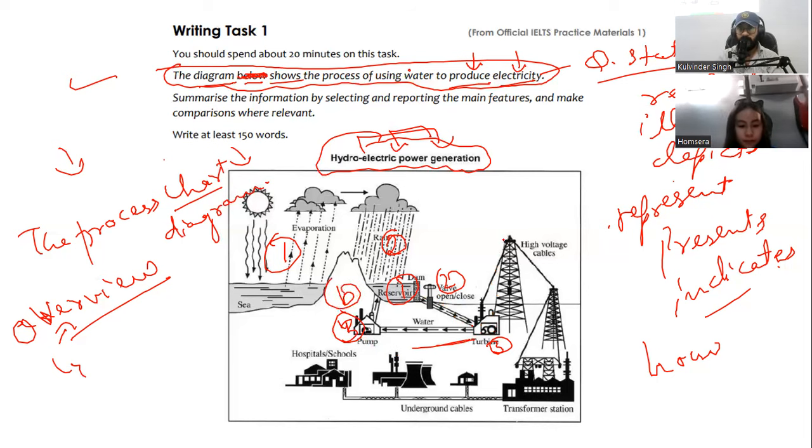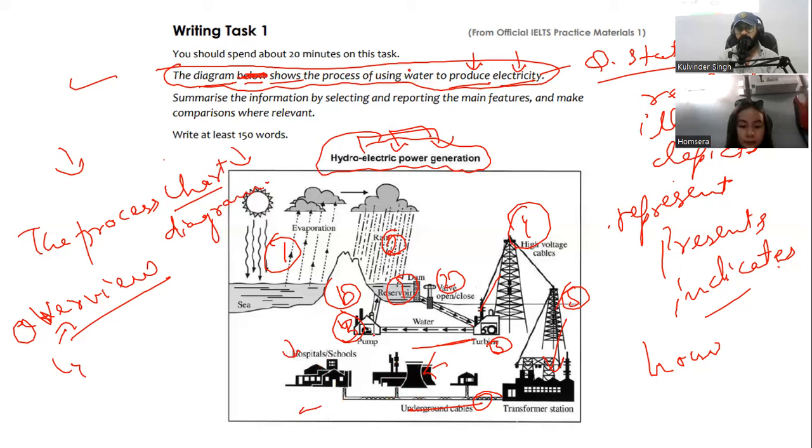So we say 3B. Then the electricity is generated and sent forward. So it's a 4. Then 5, it's sent to the transformer station. Then with the supply lines, it is sent through the underground cable. It is then sent for usage, basically to the hospitals and schools and all.